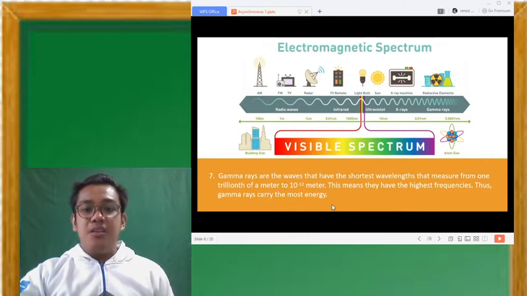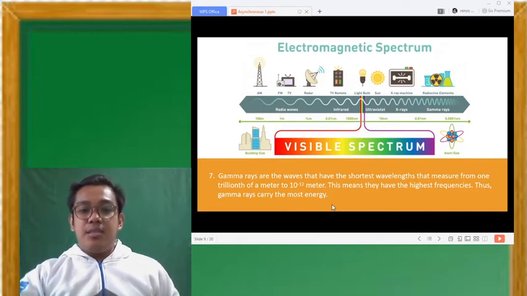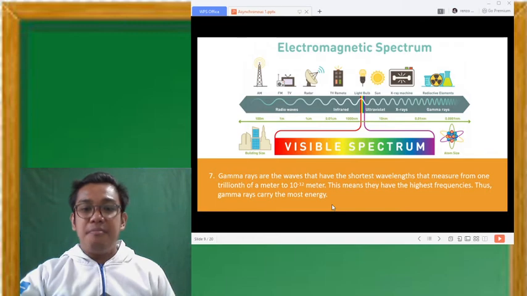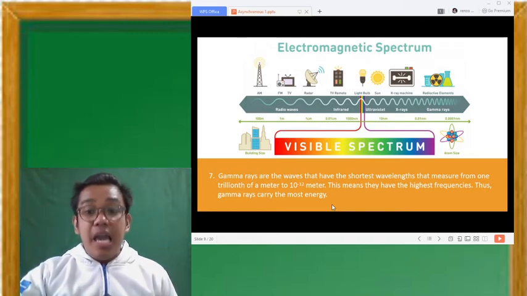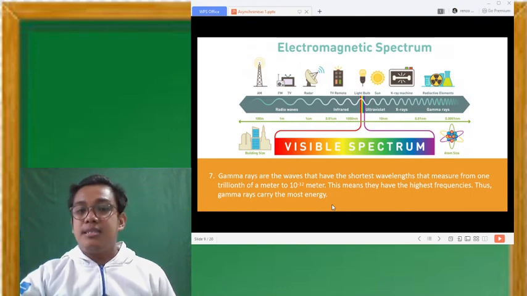Gamma rays are the waves with the shortest wavelengths, measuring from 1 trillionth of a meter to 10 to the power of negative 12 meter. This means they have the highest frequencies. Thus, gamma rays carry the most energy.